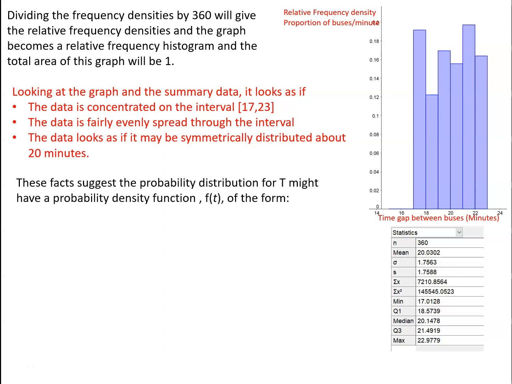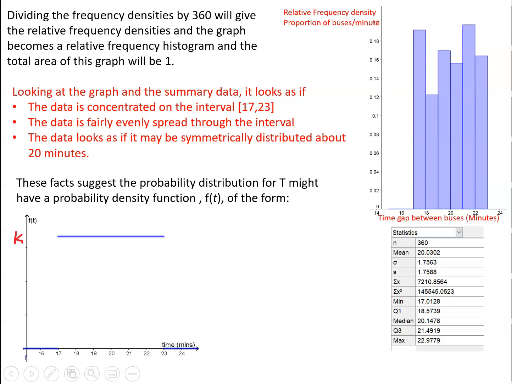These facts suggest that the probability distribution for our random variable capital T might have a probability density function which looks like a constant value, which we'll call k, between 17 and 23, and it's 0 everywhere else.